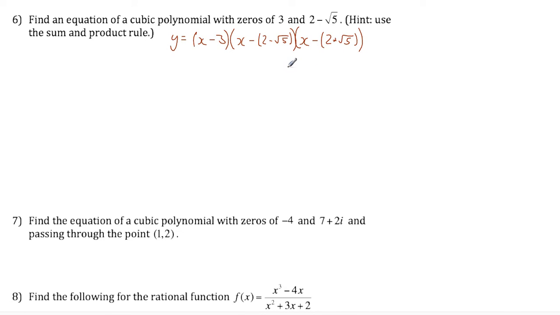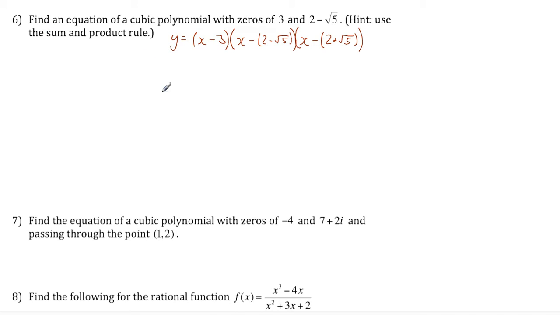Do note that when we think of conjugates, we think of the sign switching. It's these signs here that are switching within the actual 0 itself, not next to the x. So understand that. Now this looks like it's going to be crazy to FOIL, but the hint says use the sum and product rule.